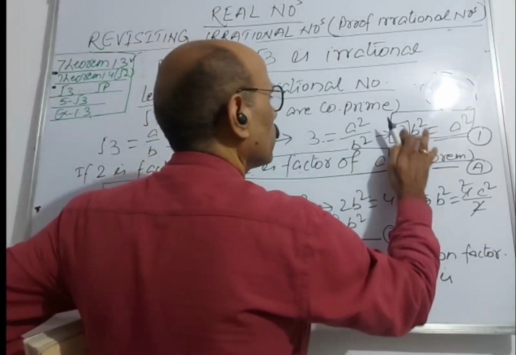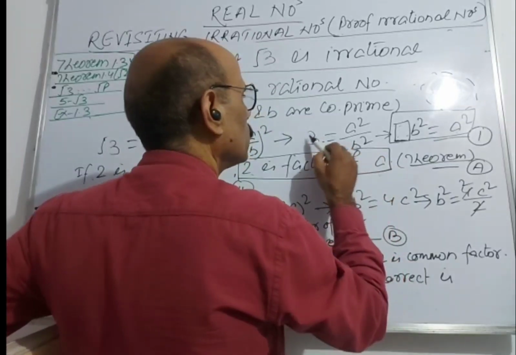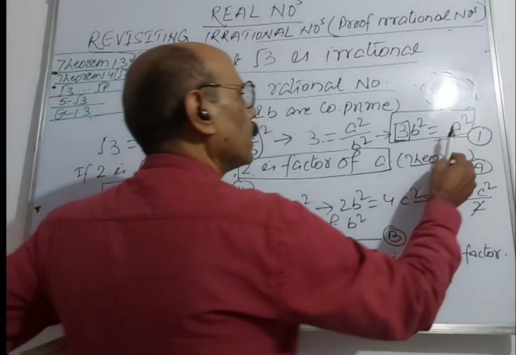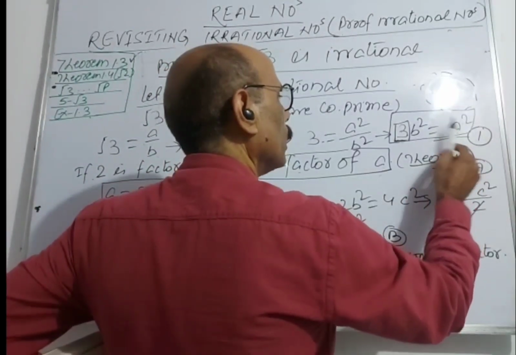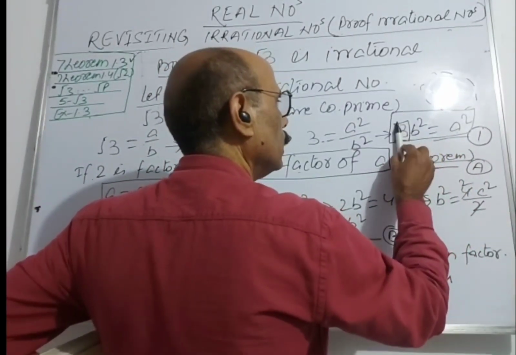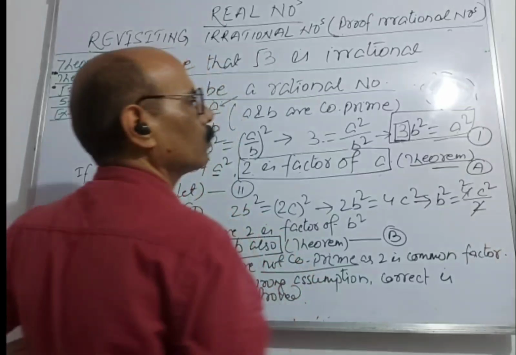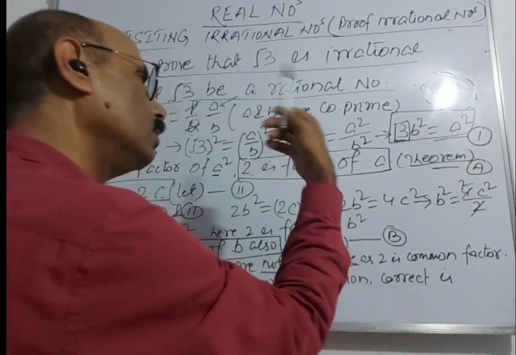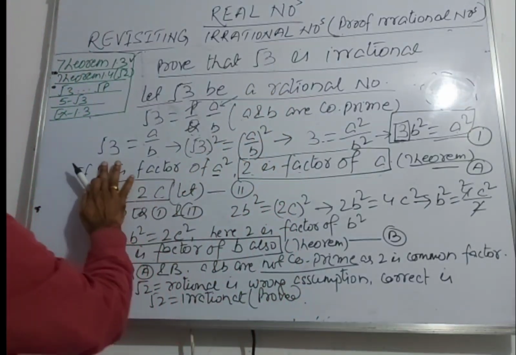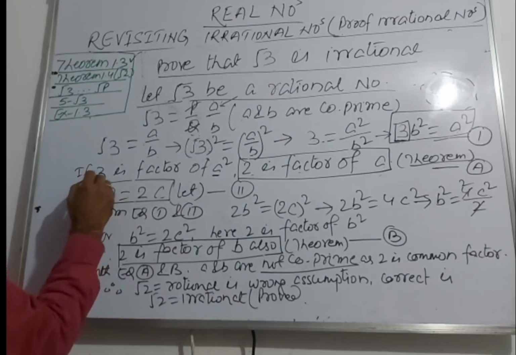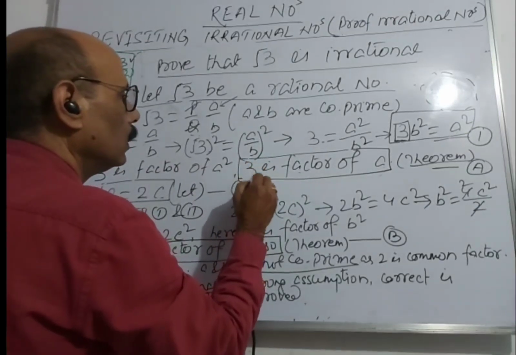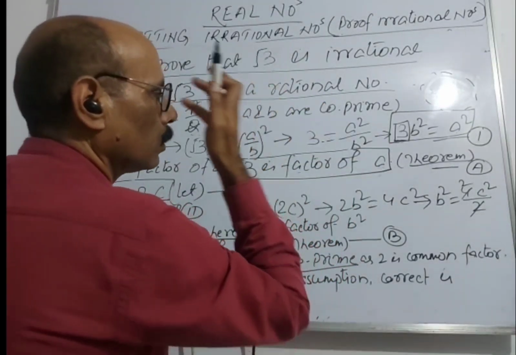That means 3 into B square is equal to A square. So 3 is a factor of A square. That means 3 is dividing A square, so 3 will divide A also. Here 3 is a factor of A square, then 3 is a factor of A also.